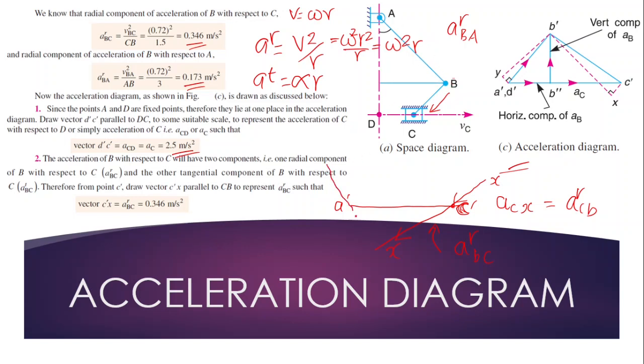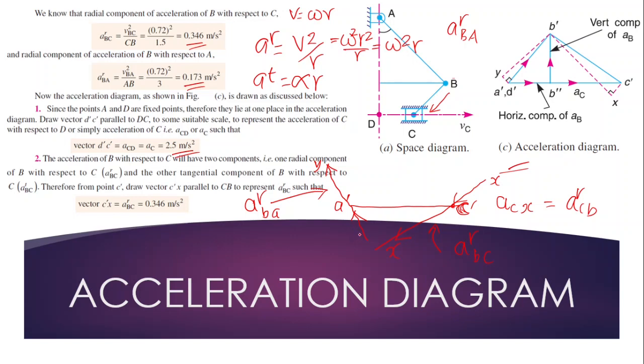Then we can select that line like this or like this. If we select this part as a radial component, then we can represent that radial component as radial component of B with respect to A, that means head end with respect to tail end. Then this one will be the right choice.